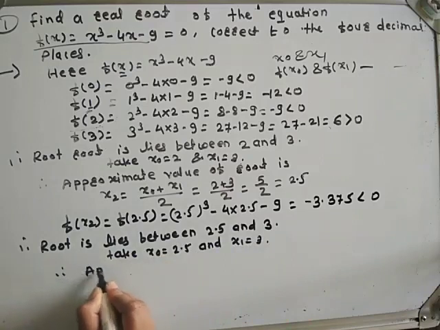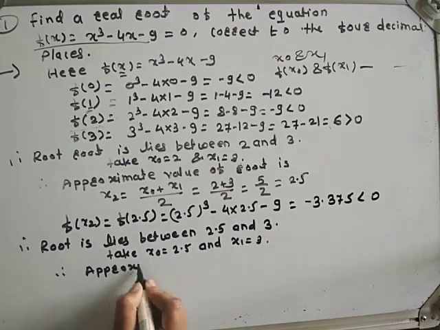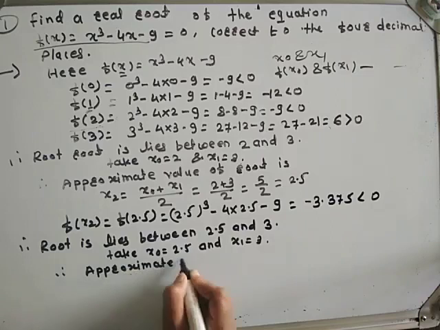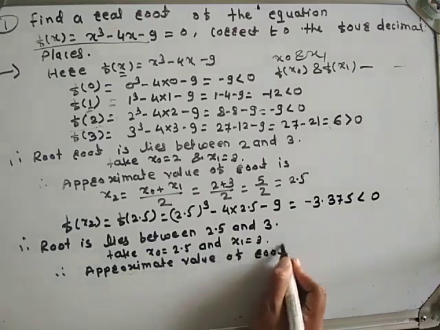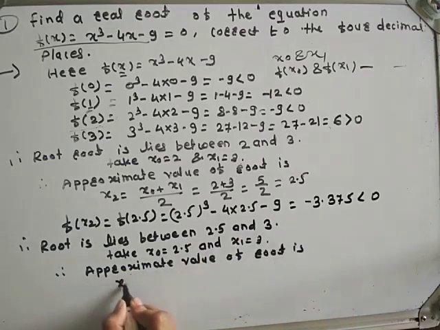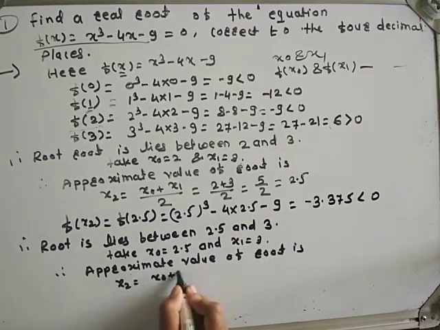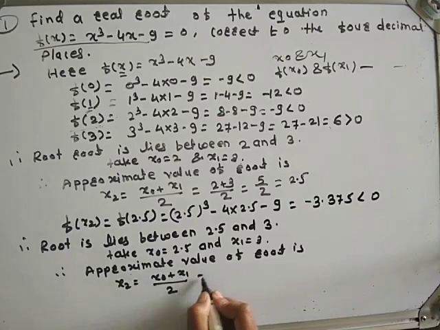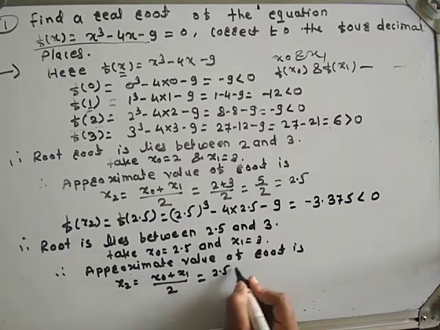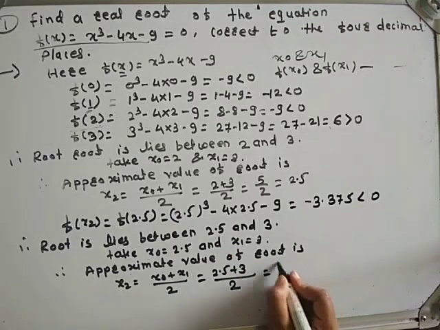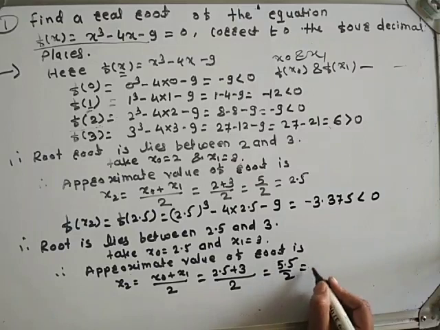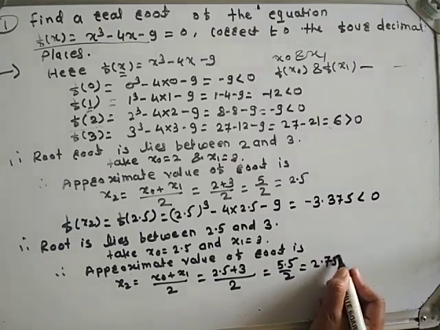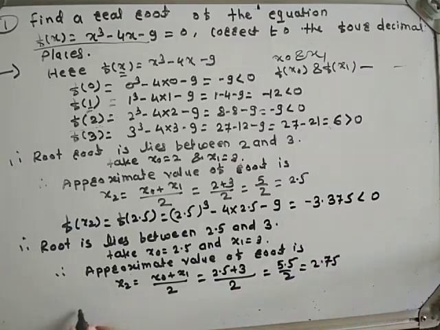Therefore, the approximate value of the root is x2 equals x0 plus x1 upon 2. x0 is 2.5, x1 is 3, so 5.5 upon 2, which equals 2.75. Now calculate f of 2.75.